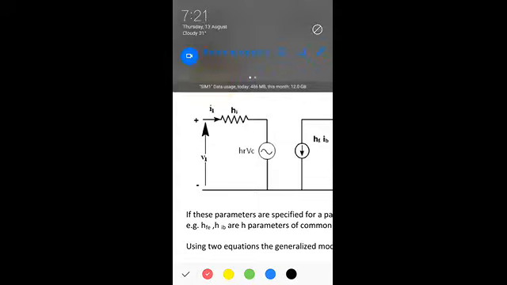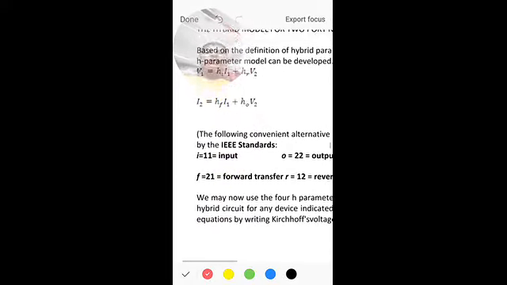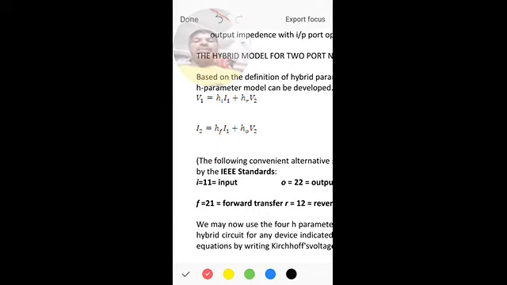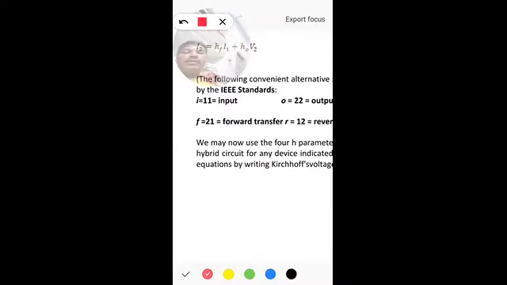So we can write this using the transistor. Here we can replace H11 with HI, H12 is HR, H21 is HF, and H22 is H0.